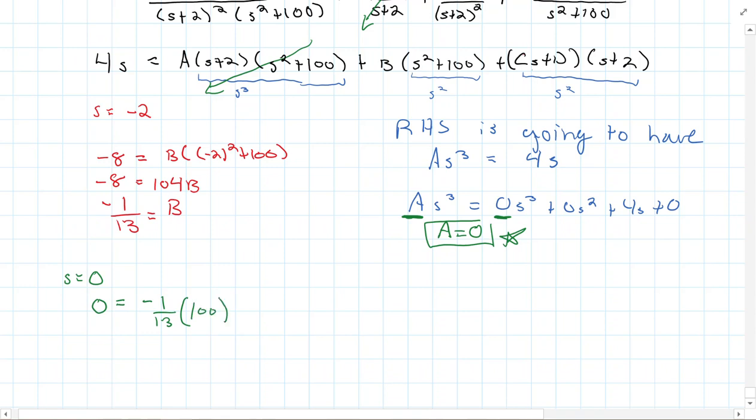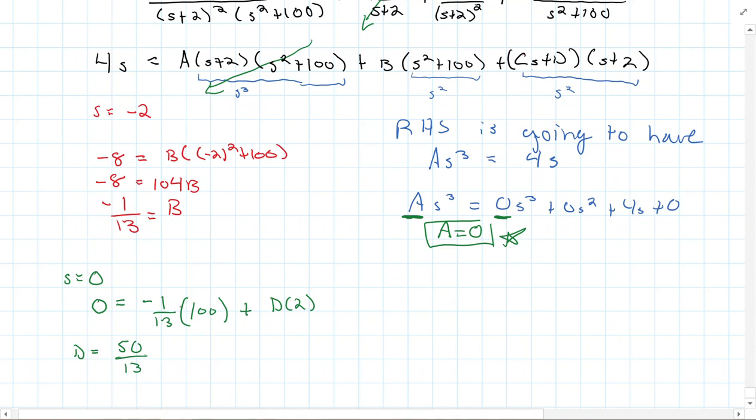But then c times 0 is going to be 0. So it'd be d times 2. Oh, well, that gives me right away here, assuming I don't mess up my arithmetic, d is equal to 50 over 13. So let's just double check that.